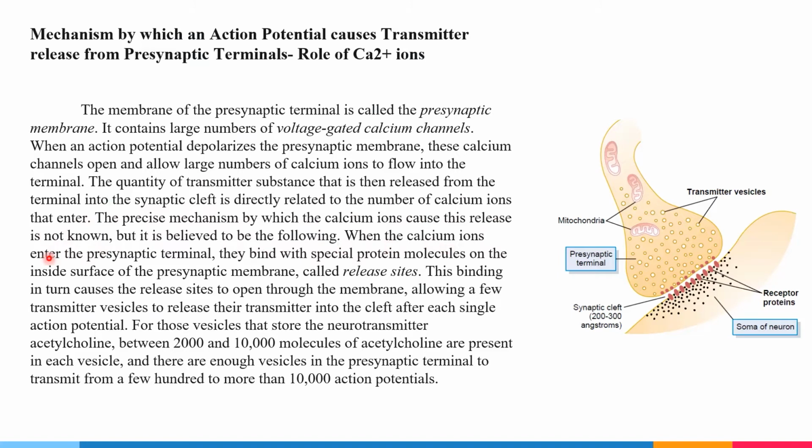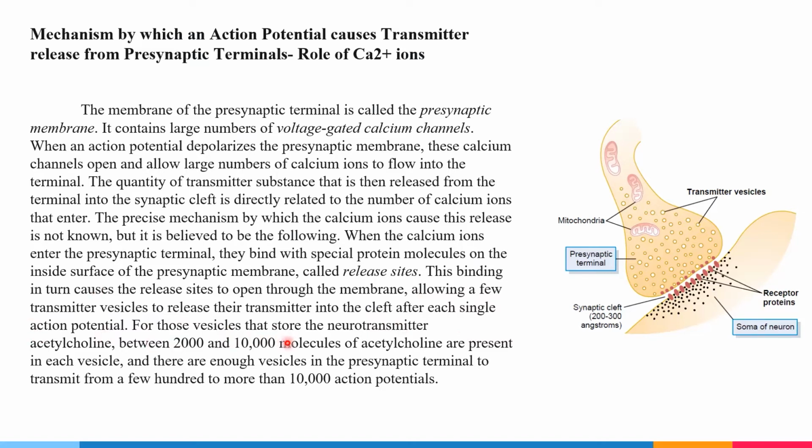When the calcium ions enter the presynaptic terminal, they bind with special protein molecules on the inside surface of the presynaptic membrane called release sites. This binding in turn causes the release sites to open through the membrane, allowing a few transmitter vesicles to release their transmitter into the cleft after each action potential.